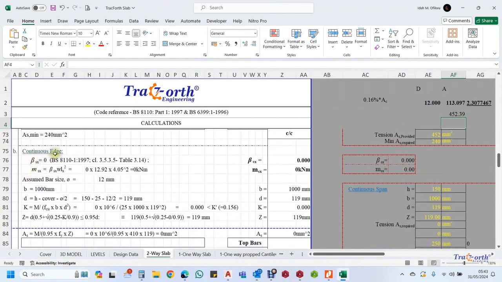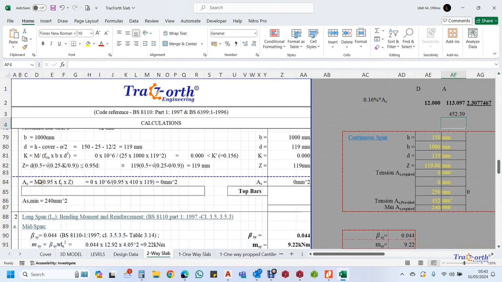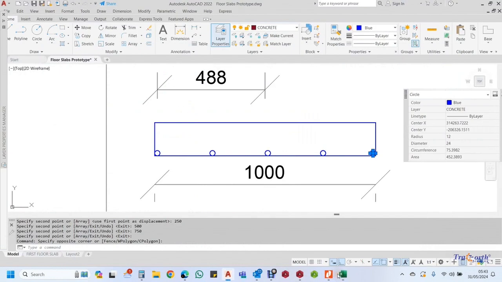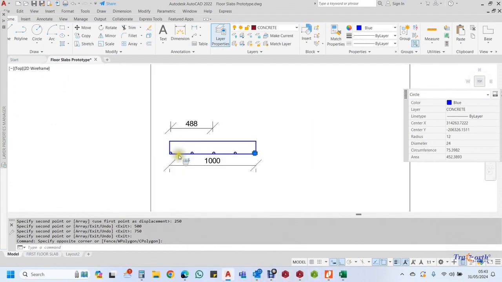So we now go and for the support that is continuous, one edge is not continuous. So we'll now check that, because both of these edges, let's check our slab.